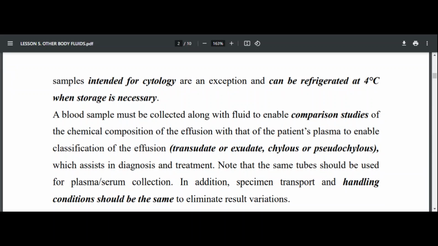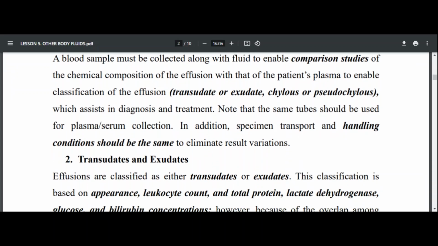A blood sample must also be collected along with the body fluid in order to allow comparison studies of the chemical composition of the effusion with that of the patient's plasma, to enable classification of the effusion. So in order to classify effusion fluids as transudate, exudate, chylous, or pseudochylous, we must also collect plasma in order to make room for comparison, which assists in diagnosis and treatment.